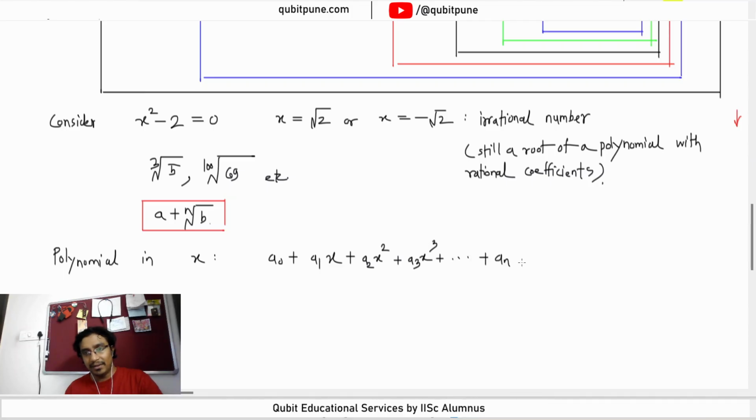This is in general a polynomial. Now because our definition of rational numbers is very clear, we can very easily say whether a polynomial possesses rational coefficients or not. What are the coefficients here? a naught, a1, a2, a3 up to a n. So when these are rational numbers, we call it a polynomial with rational coefficients. Make sense?